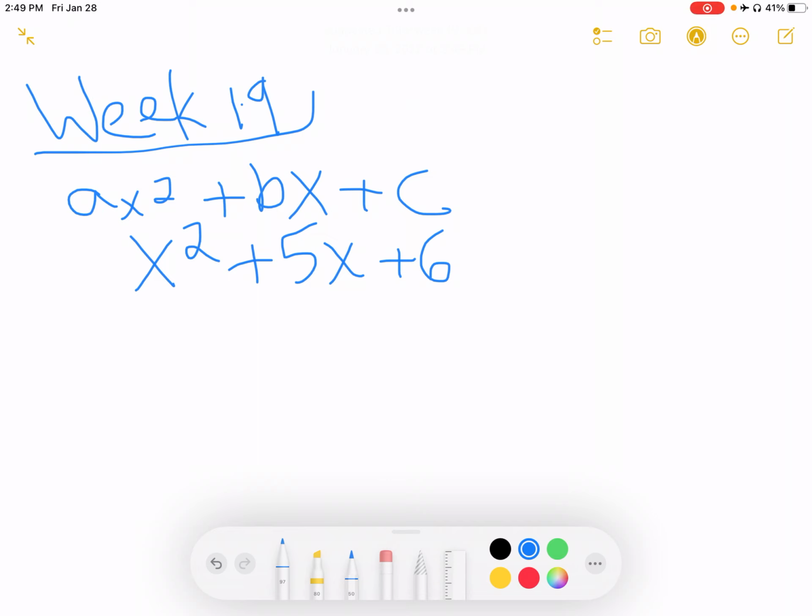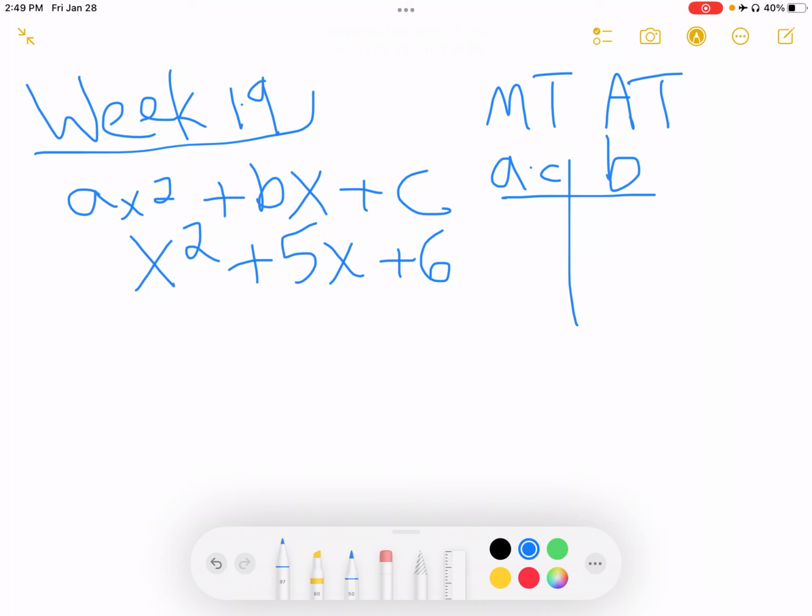And then we did something like, if it multiplies to, and we'll talk about this a little bit more in our lesson, we had a t-chart. If it multiplies to a times c, then it adds to b. So this is multiplies to, this is adds to. Let's think of MTAC. So a times c would be 6, and it adds to b, so our b is 5.